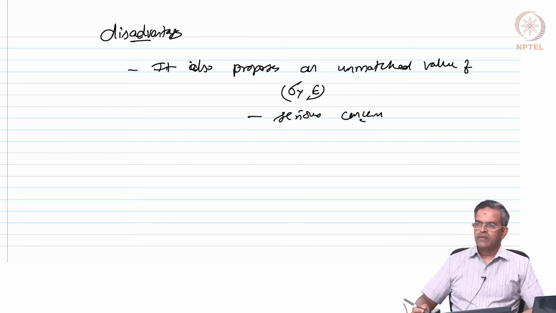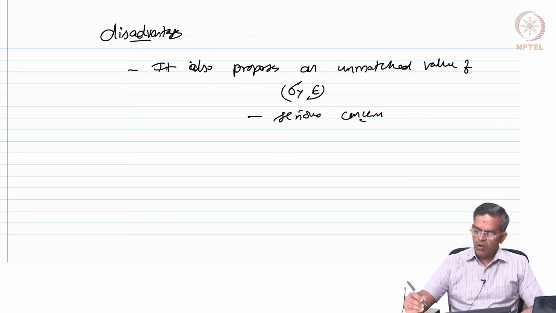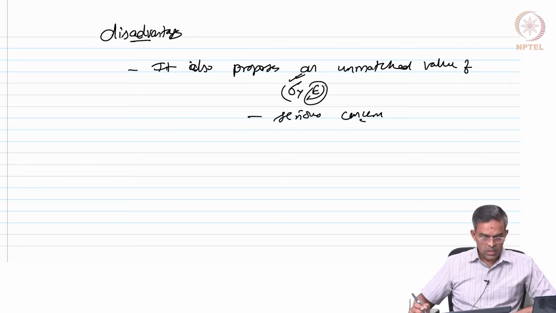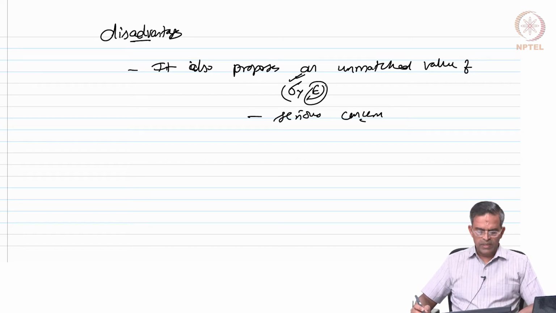Okay. It considers an average core temperature value for which sigma y is considered, but E is not accounted with respect to the temperature variation.